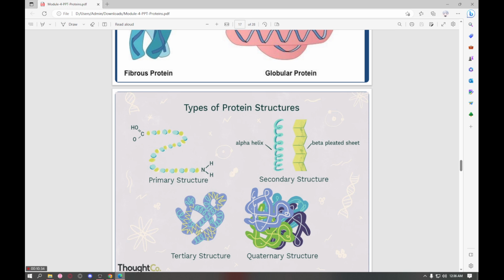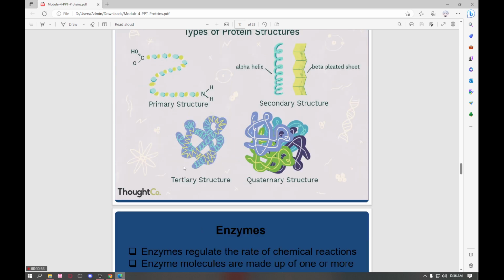And then the third one here is the tertiary structure, which is made from your primary and your secondary structures. With your module, I noticed that I only mentioned the secondary. So the tertiary is made of the alpha helix and beta pleated sheet and then the primary structure, which is linear.